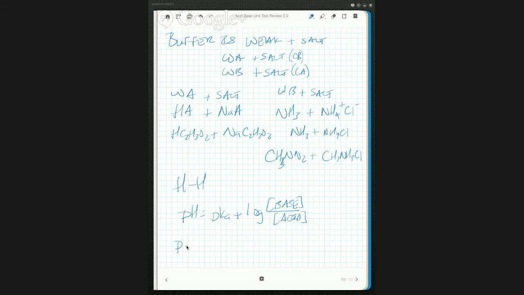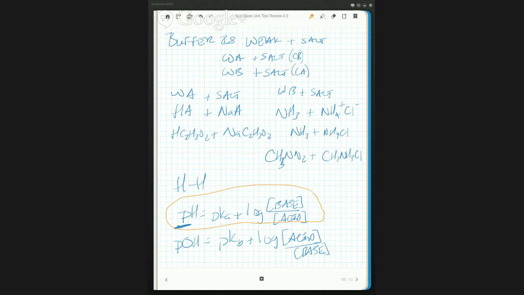Its corollary is pOH equal to pKb plus log of the acid over the base. We don't use that one very often. It's usually looking for pH, so it's probably easier to just use this one. You just have to know how to manipulate between pKa and pKb and pH and pOH. Work that out, and that's how you would solve for that.